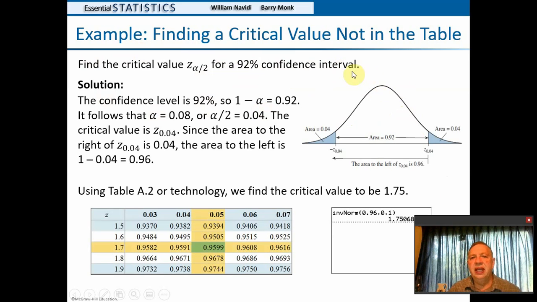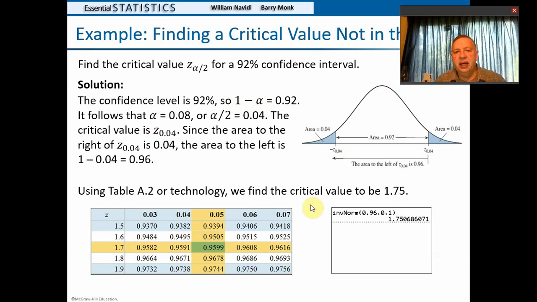Then I say the area to the outside is 1 minus the 0.92. They start with this formula, but you can start with the 1 minus C as well. 1 minus C is the 0.08, that stuff outside of the middle, and then we take half of the 0.08, which gives us 0.04 to the left and 0.04 to the right.